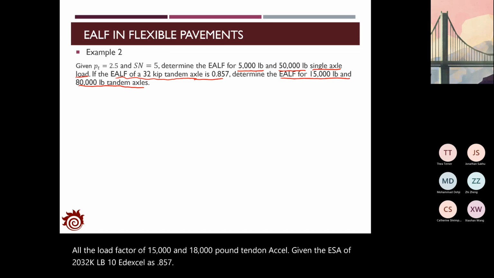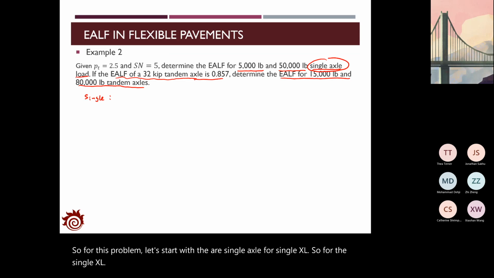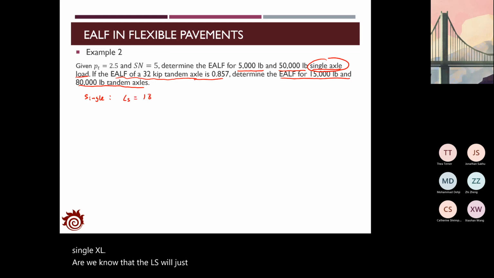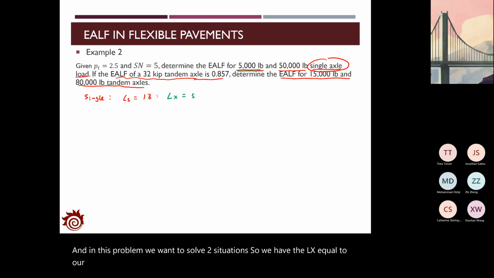For this problem, let's start with the single axle. For the single axle, we know that LS will just be 18. In this problem, we want to solve two situations. First, LX equal to 5,000, so it's 5 kilopounds.